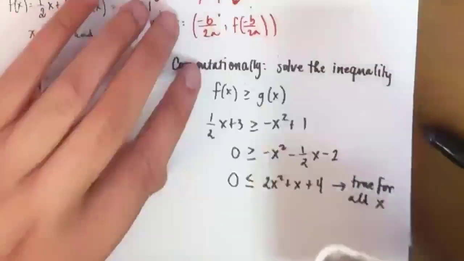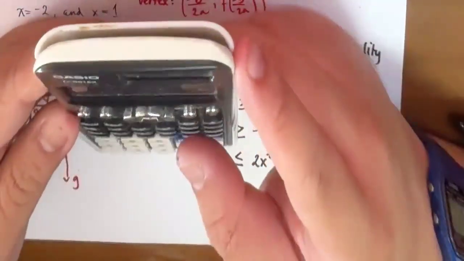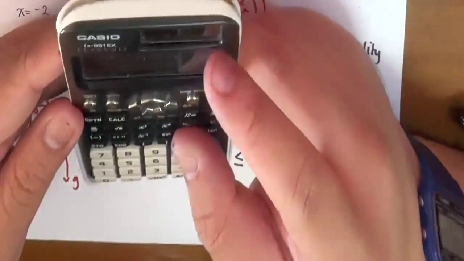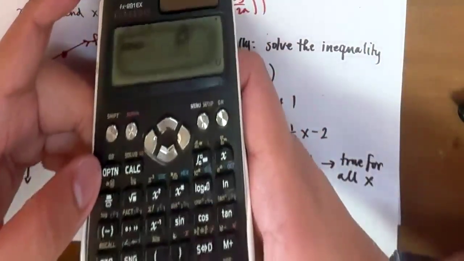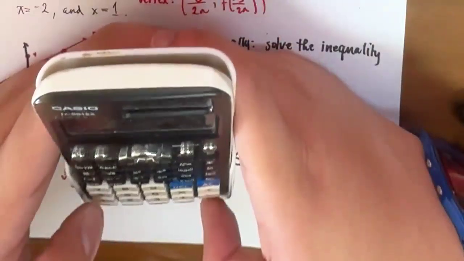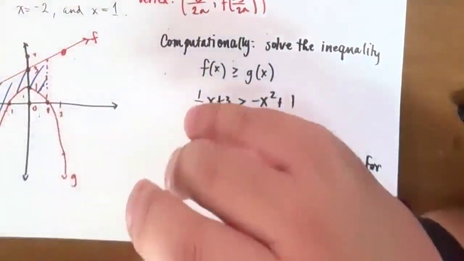In which case we want to solve this inequality here, so we want less than or equal to 0. So we want number 3. And we input the coefficients 2, 1, 4. And it says all real numbers.